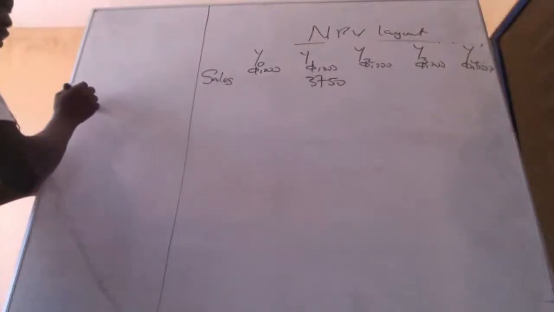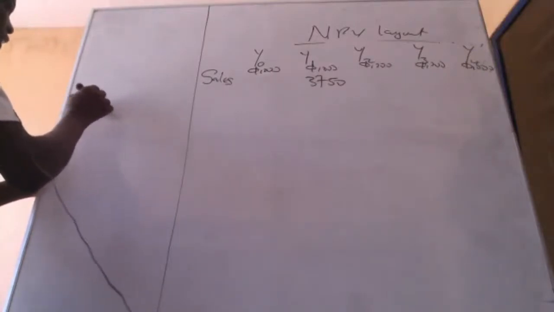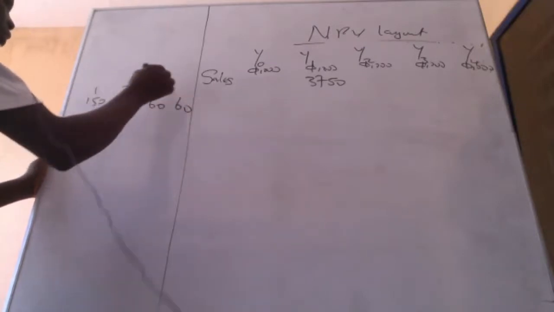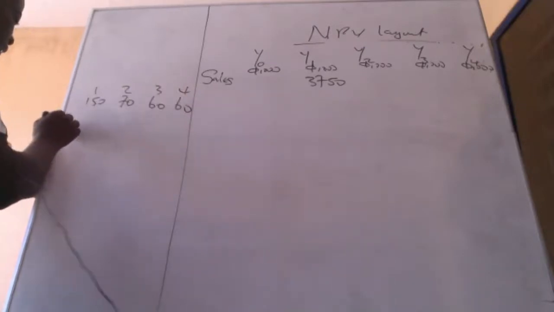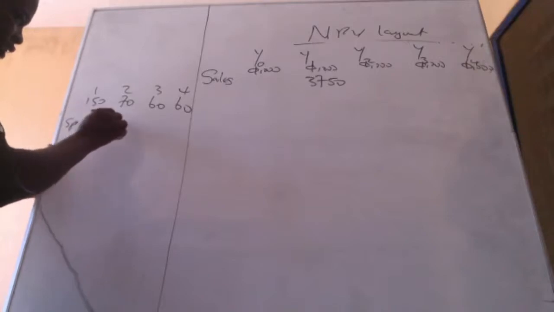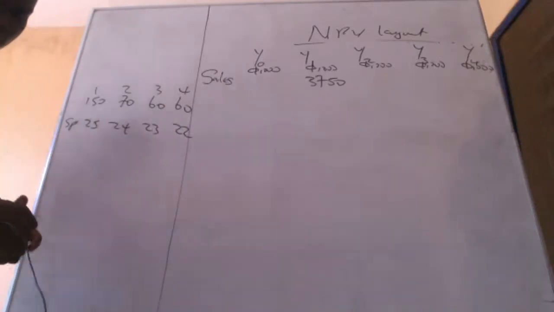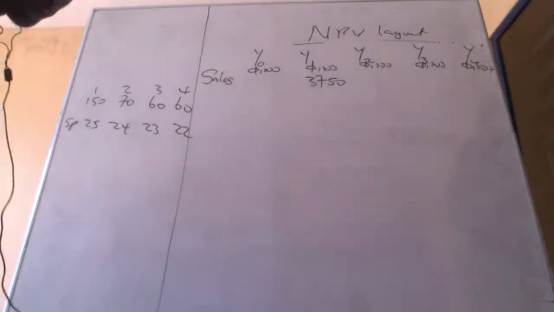Let me summarize the question here. The production units were 150, 70, 60, 60 for years 1, 2, 3, and 4. Selling price is 25, 24, 23, 22. Agreed. That was the selling price. So we multiply.